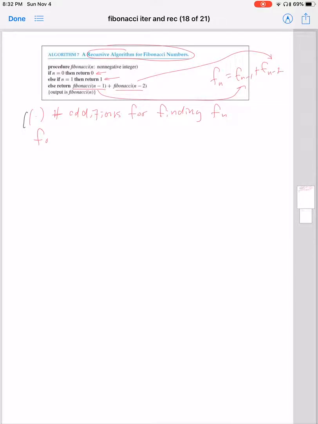For Fibonacci 0, that number is 0. And for Fibonacci 1, that number is 0, because those are my basis cases. There's no additions needed for those. But for Fibonacci 2, we call Fibonacci 1, which has 0, and Fibonacci 0, which has 0, but we have to add them together, so we get 1 addition for Fibonacci 2.